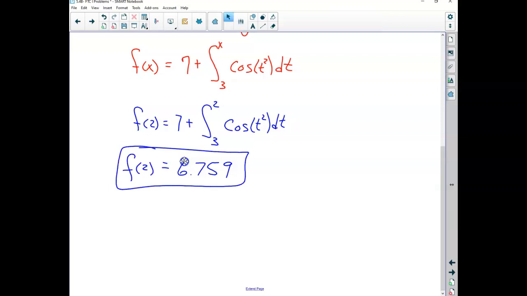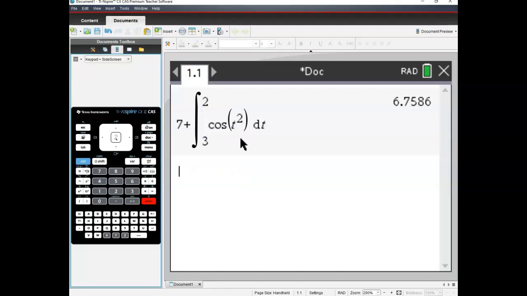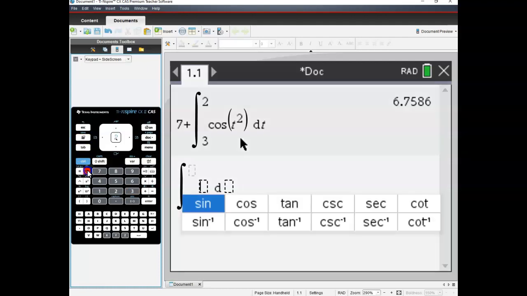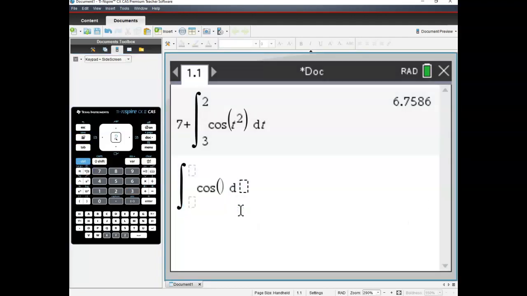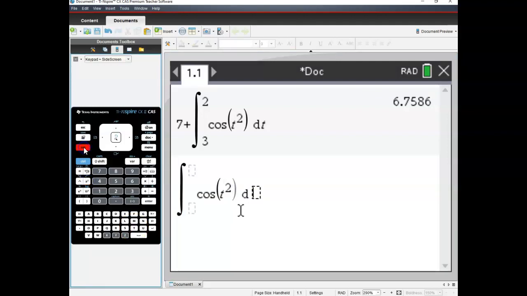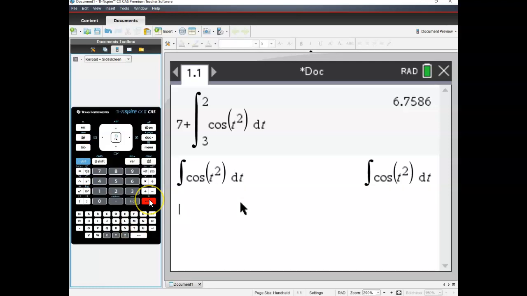Right? Now, why do I say, and I'm pretty confident in this, that if I did a menu 4, 3, and I did a tab and another tab, and I went to a cosine, and I went to a t squared, tab, dt, and I hit enter, my calculator can't even integrate cosine x squared, cosine t squared.